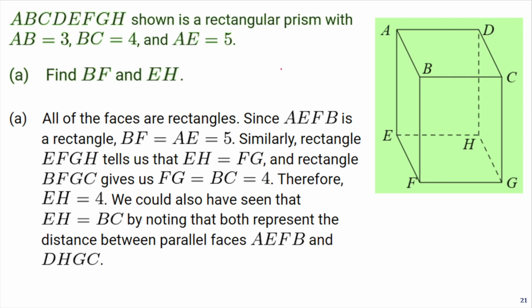Therefore, EH equals 4. We could also have seen that EH equals BC by noting that both represent the distance between parallel faces AEFB and DHGC. Again, this is a pretty straightforward question, right?